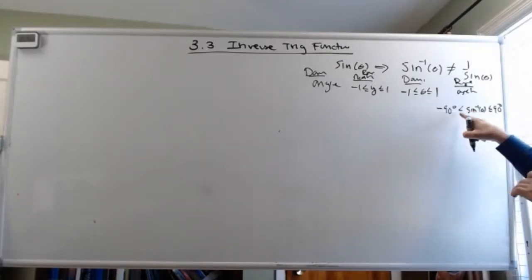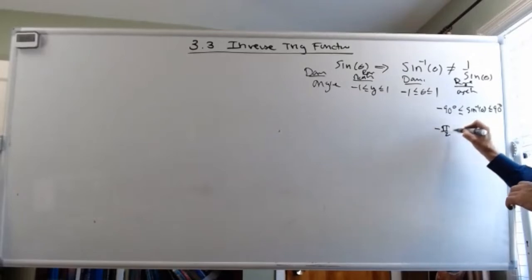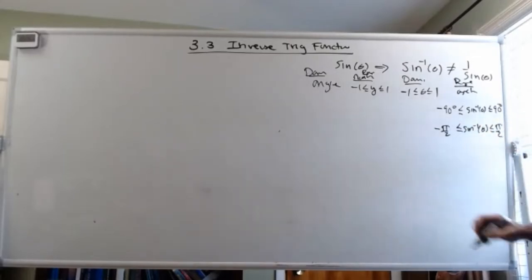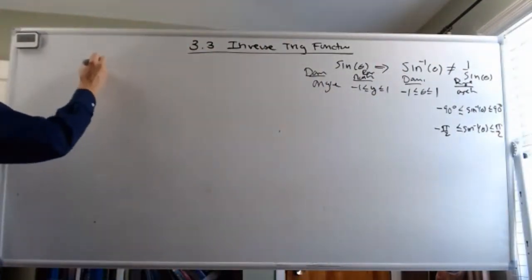In fact, we won't even get you to 90 degrees. We'll get you close to it. So that's what we're having. It's a little bit different. So let's take a look at some examples of these.